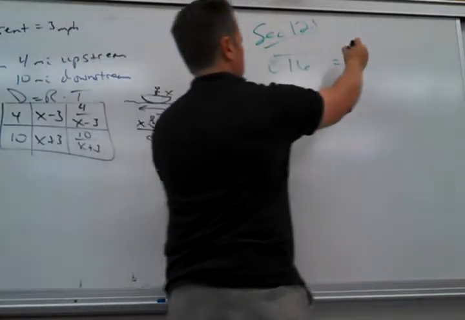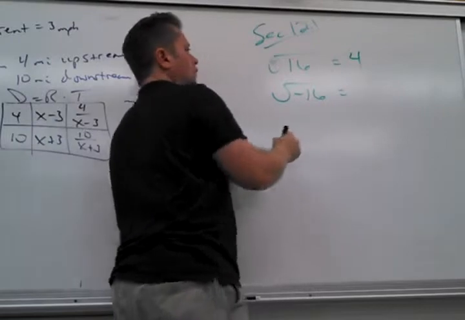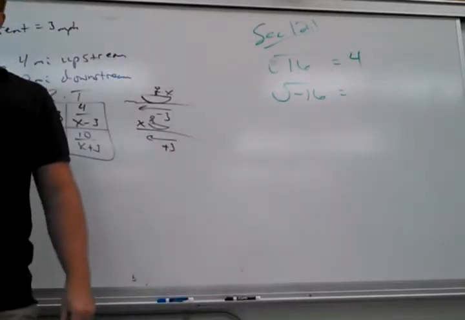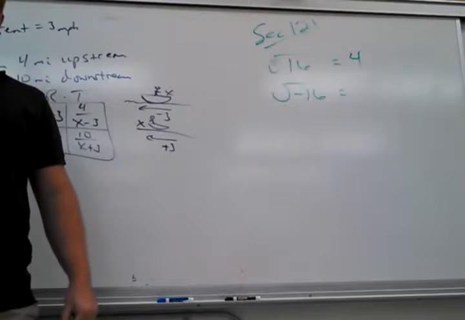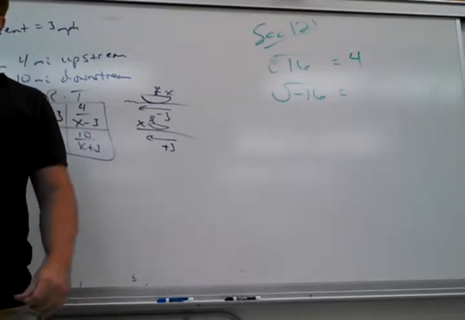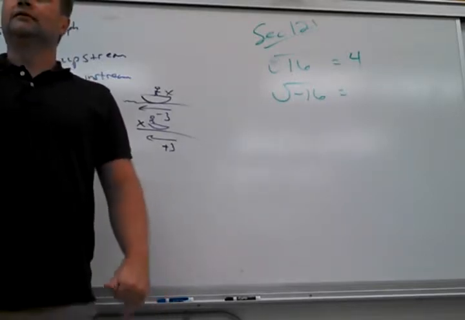All right, so this is 4. That's nice. Well, what's the square root of negative 16? You'd think so, but what's negative 4 times negative 4? Don't give me any complex imaginary numbers. We're not there yet.